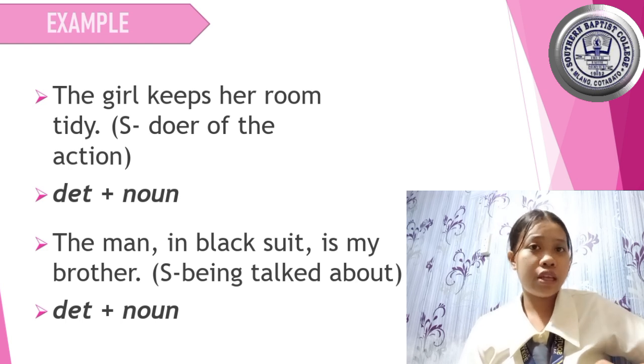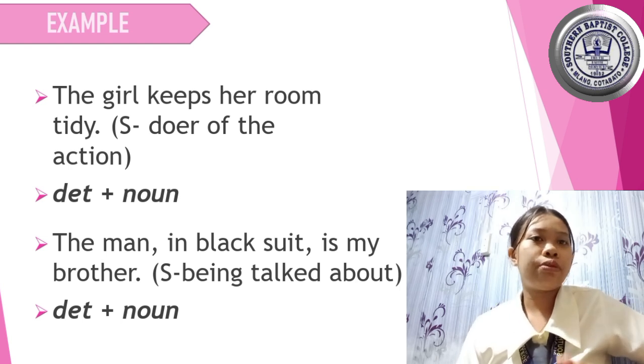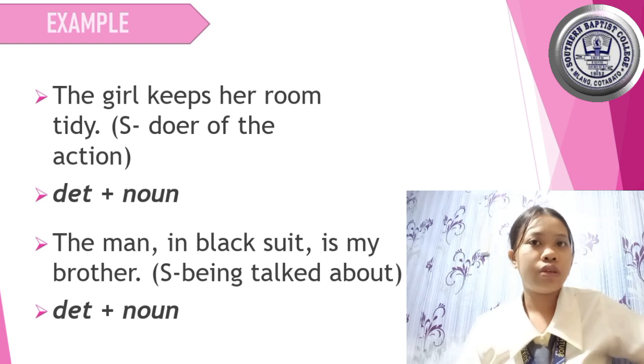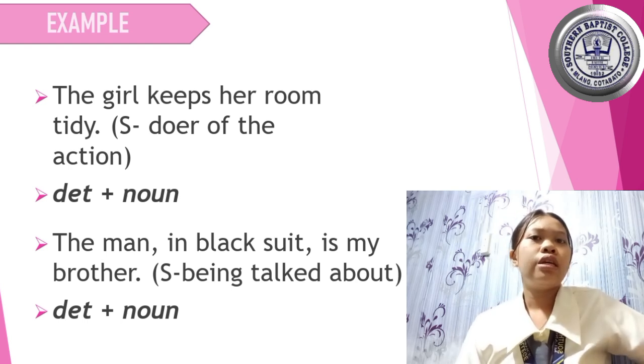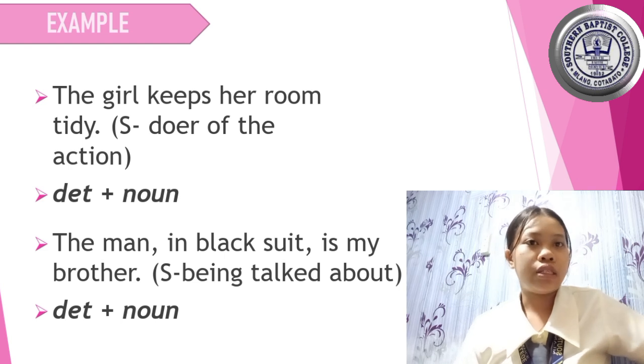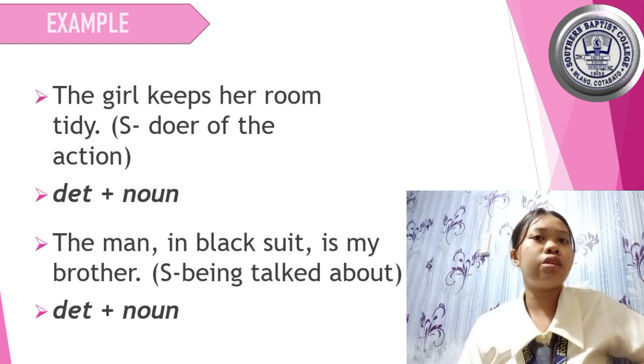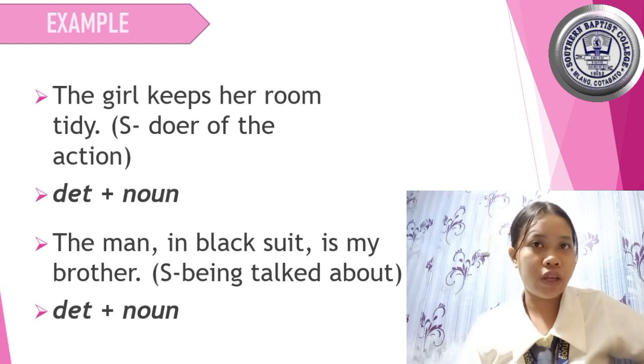So, in the first statement, the noun phrase is the girl, which consists of a determiner, the word the, and the noun girl, which functions as the doer of the action, keeps her room tidy. In the second statement, the noun phrase the man is not a doer of an action, but is being talked about and is still a subject.